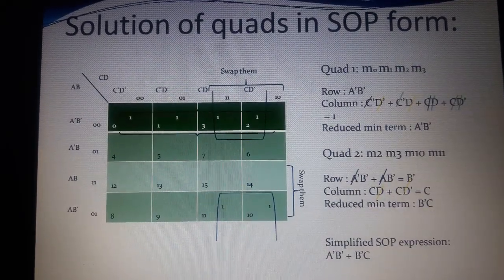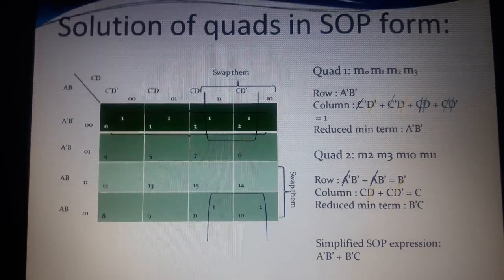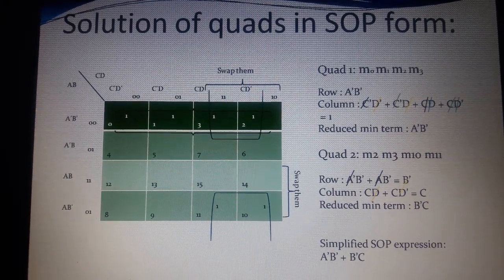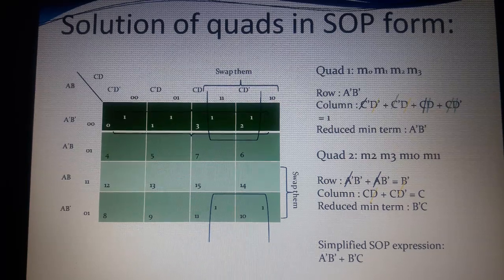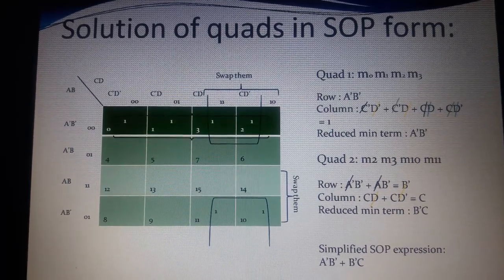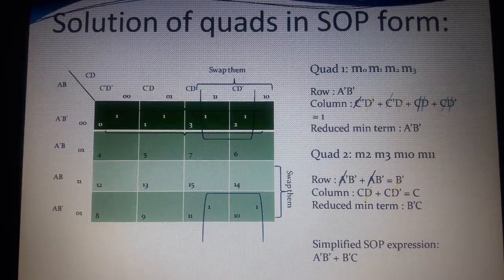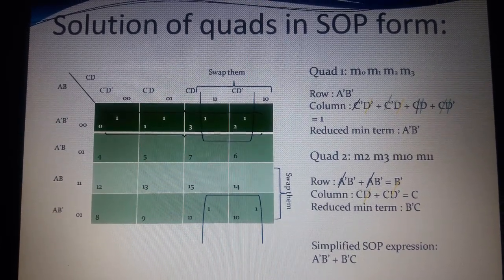Then what do we have? Quad. In our example we are having 2 quads. If you are having quads, then you have to do it in this manner. The first quad I am having in a row, another quad I am having when I am folding it.